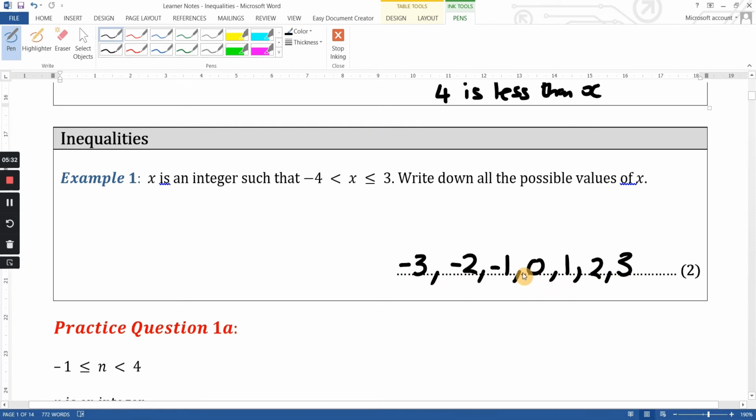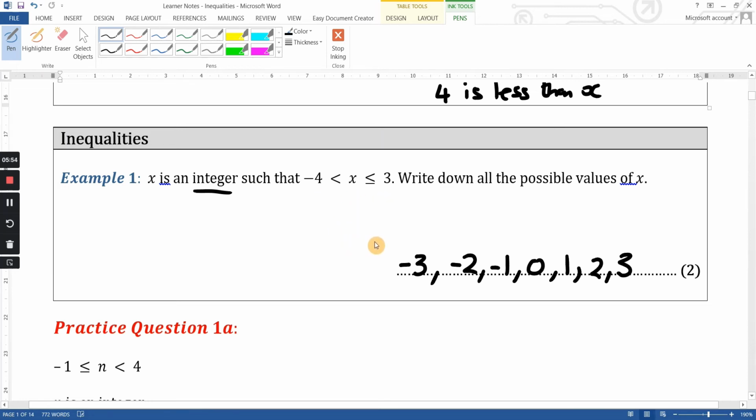If you miss any of these, or add any extra ones, you could lose marks. Be careful with things like integer. You need to know that means whole numbers. And do notice that the arrows are always pointing to the left. You'll never find them pointing the other way around.